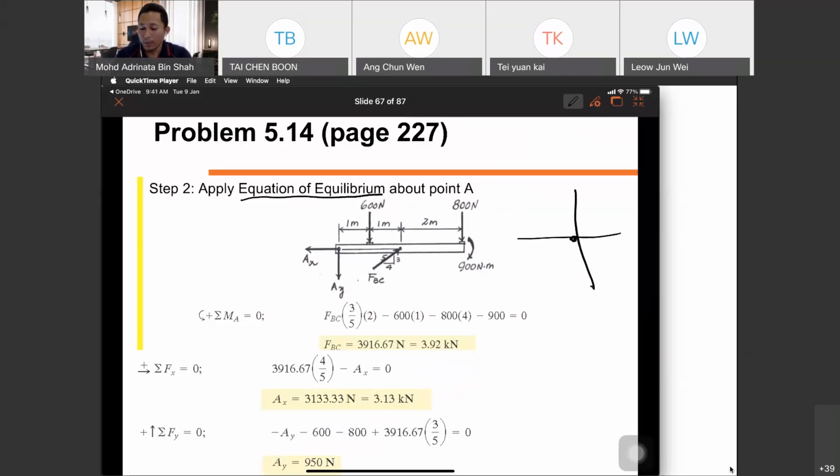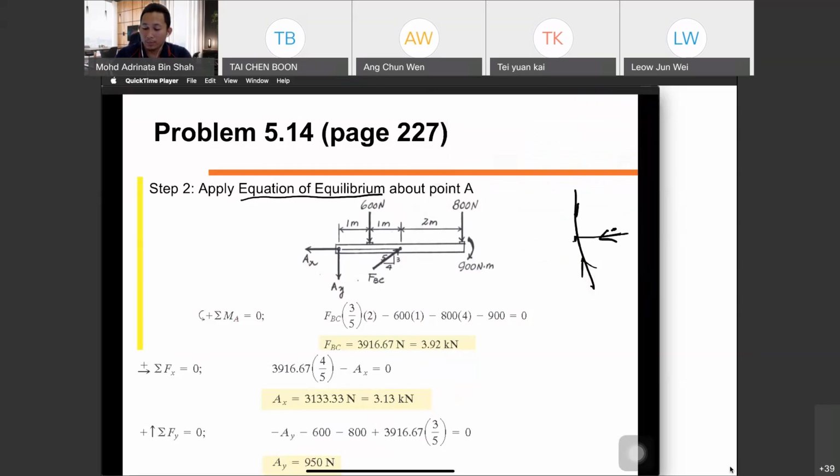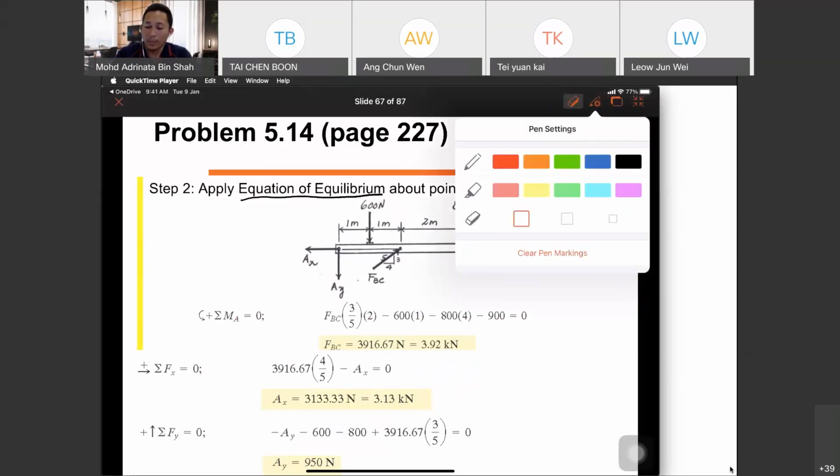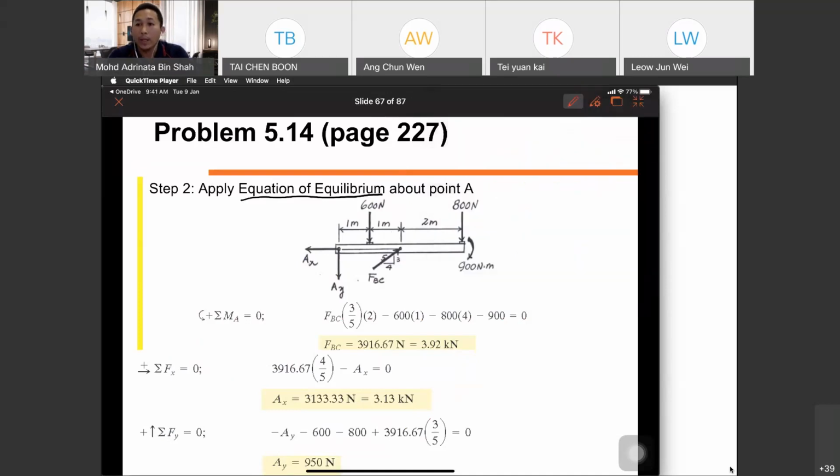So Fx passes here, Fy passes here, so it has the most. Why do we want the most? To eliminate unknowns in the equation.